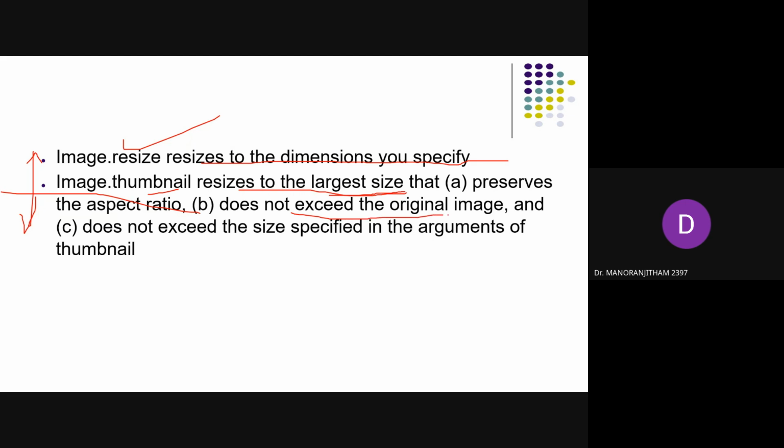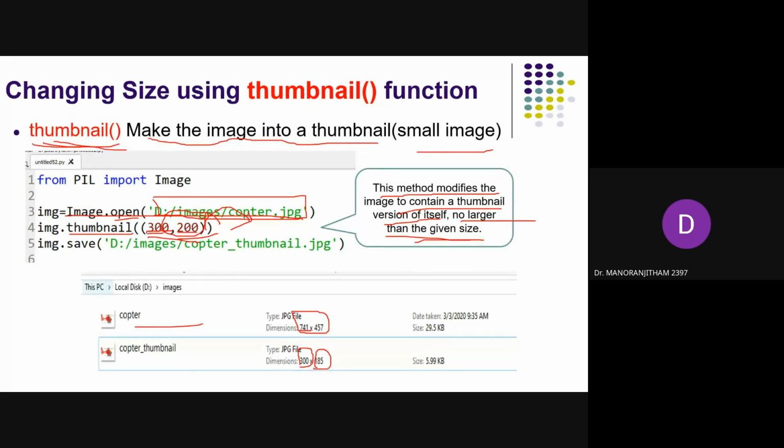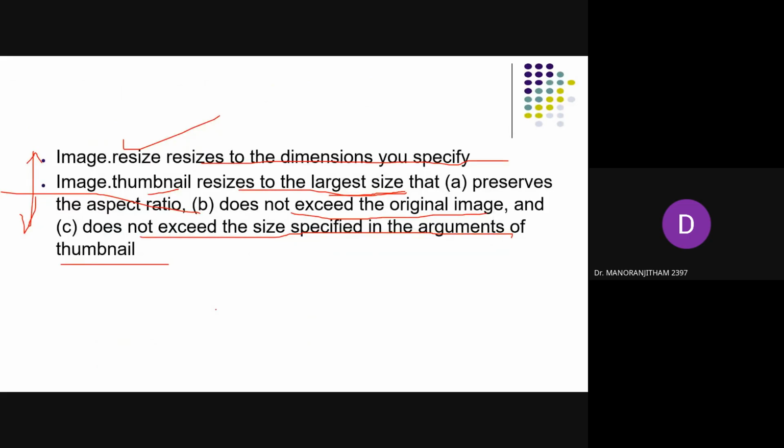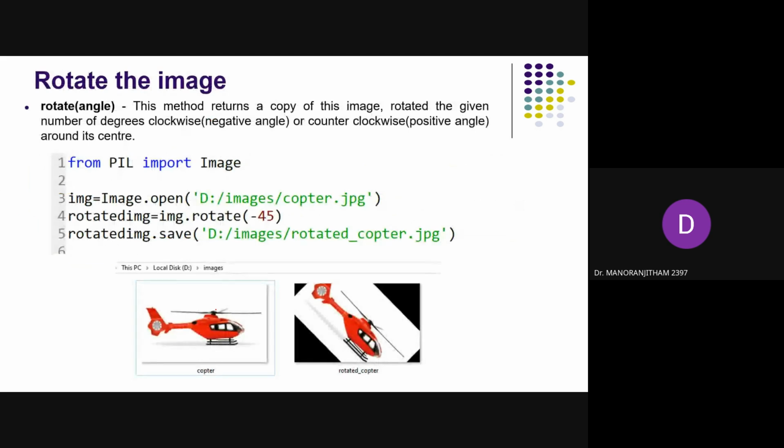It does not exceed the original image, and it does not exceed the size specified in the arguments of thumbnail. For example, if we specified 200 in the arguments, it won't go beyond it, but it will shrink it. So these are the two differences between thumbnail and resize.